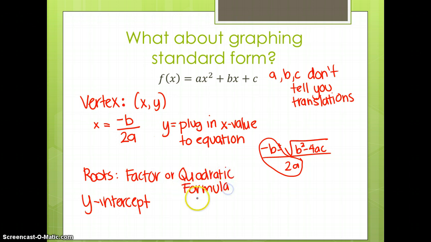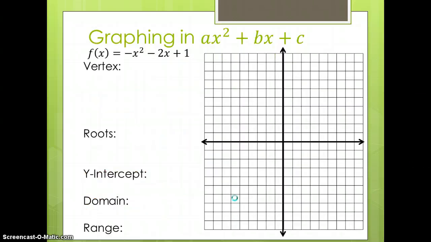And the y-intercept, same way as before, you want to plug in 0 for x to figure out where the graph crosses the y-axis. So the only new piece is that we can't find the vertex using the translations. We have to use negative b over 2a and plug in your x value to find the y value.